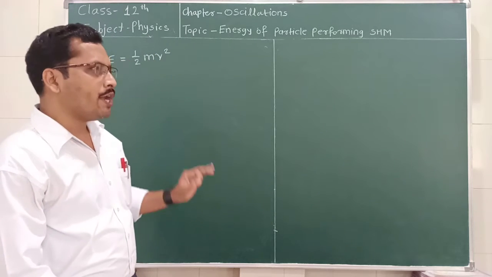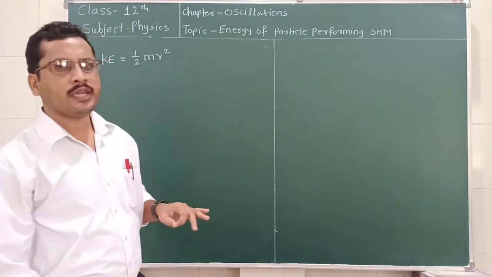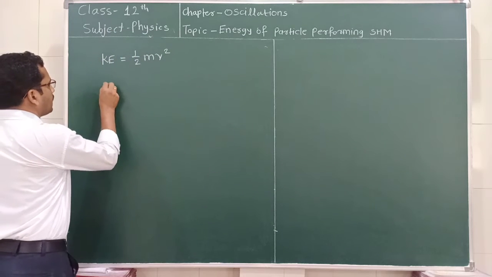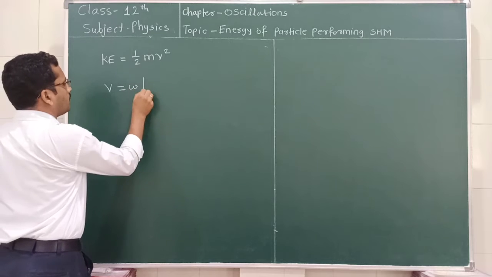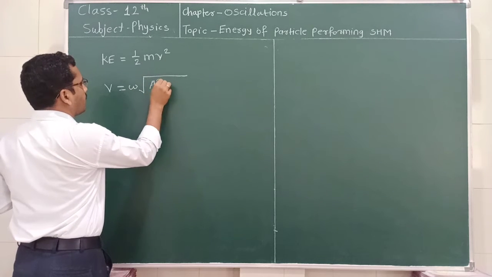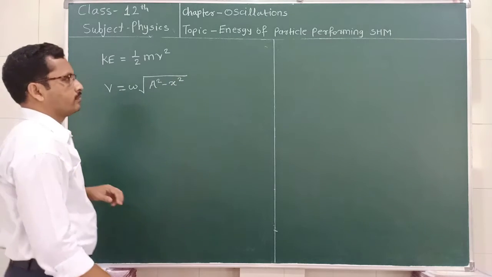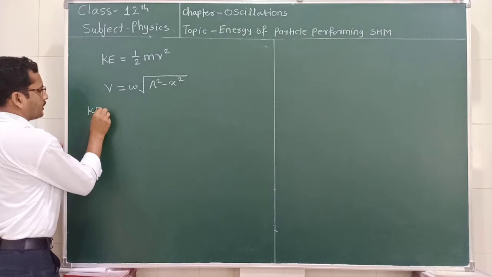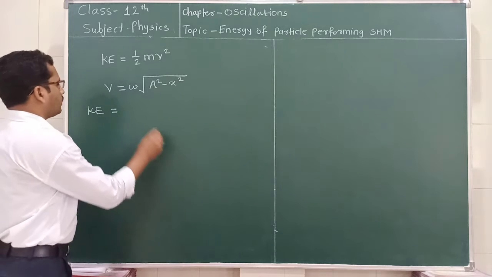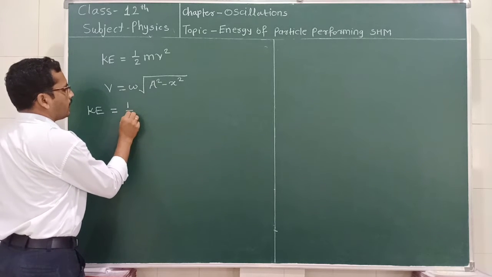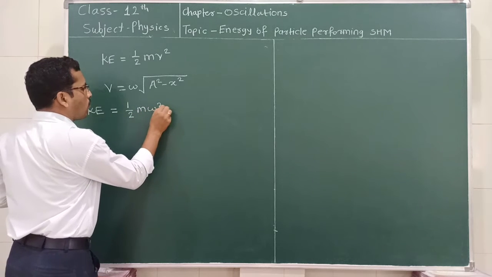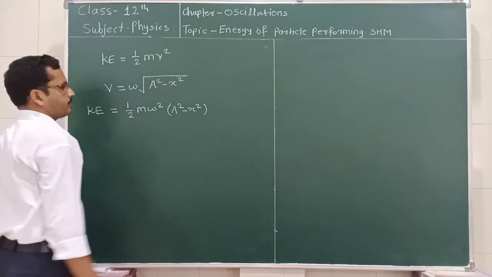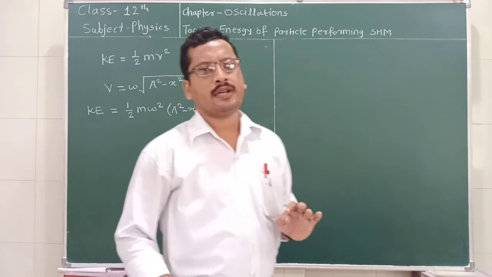But we have already derived a relation for the velocity of a particle performing simple harmonic motion: v = ω√(a² − x²). Therefore, the kinetic energy is equal to 1/2 mω²(a² − x²).